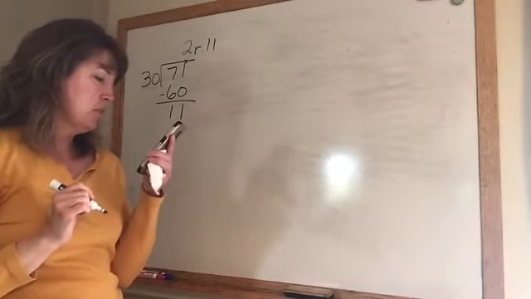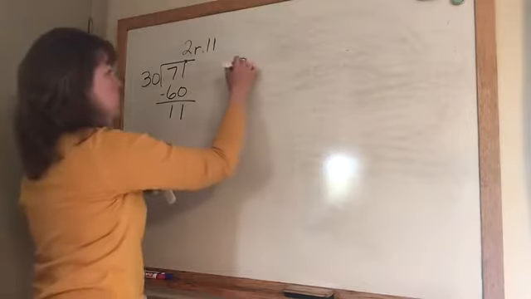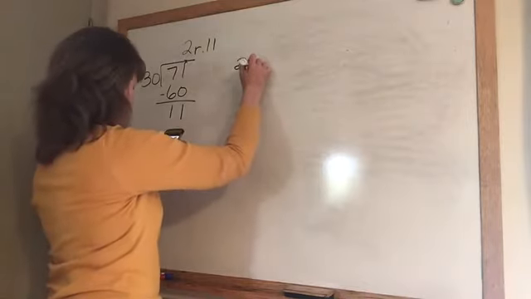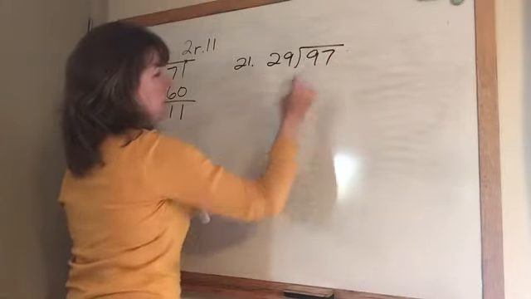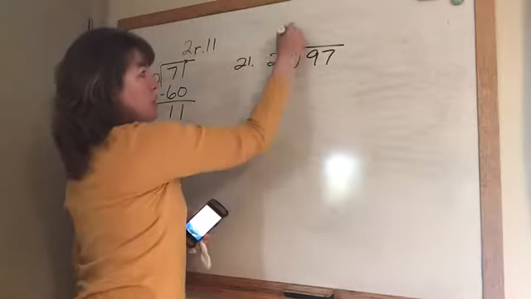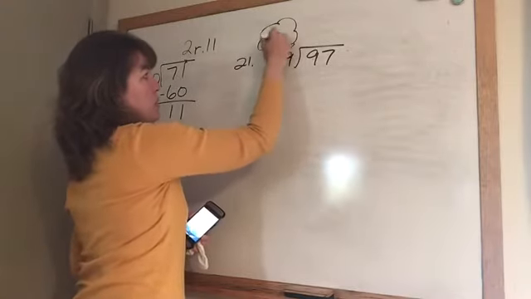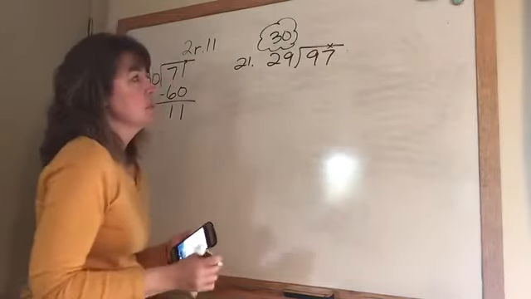All right, so number 20, let's do number 21. It's 29, and we're going to divide that into 97. Okay, 29 is only one away from 30, so we're going to think of it as being 30. That'll help us guess our quotient.